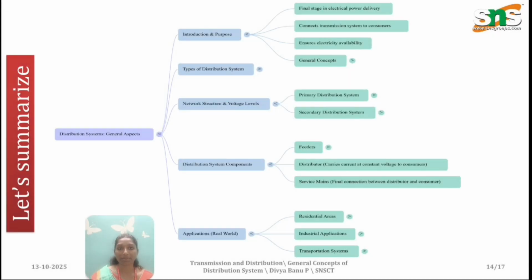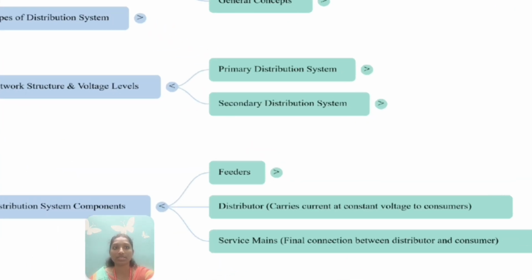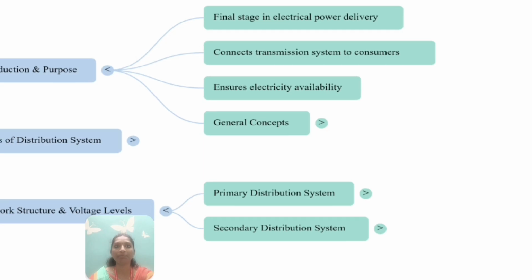Now let's summarize. In this video, we discussed the general aspects of the distribution system, its introduction and purpose. We learned about the types of distribution systems and how distribution is made, the distribution system components, and something about the voltage levels. This is the mind map of what we have learnt.